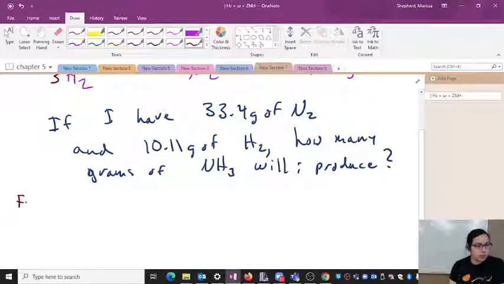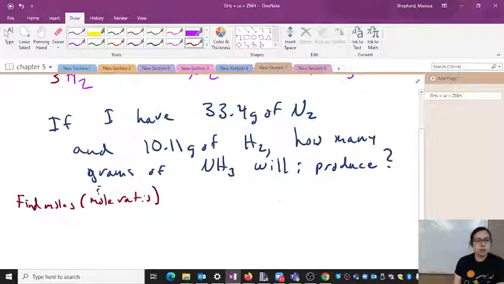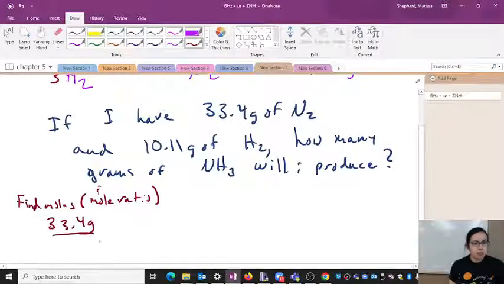So we'll find our moles. I'll put mole ratio too. So let's just repeat what we did before. So 33.4 grams of nitrogen, divided by the molecular weight. So what's the molecular weight of nitrogen?